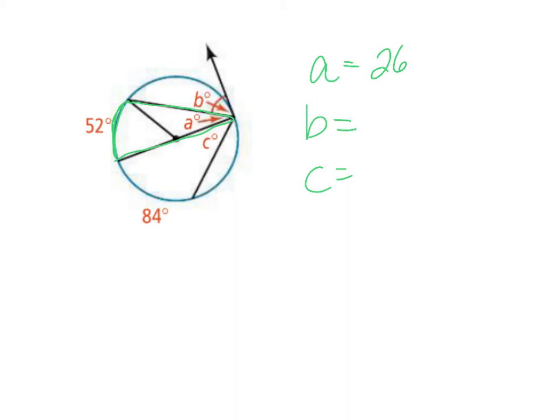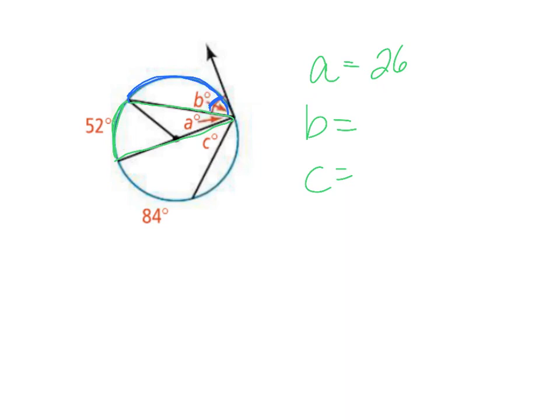All right, let's look at B. B is that picture where it looks like it's got the tangent. So the angle B is half of this arc, but they didn't tell me that arc. But look, you've got yourself a diameter right here. It goes right through the center. This is a diameter. That means this is a semicircle that needs to add up to 180.